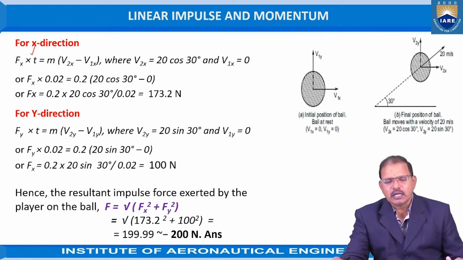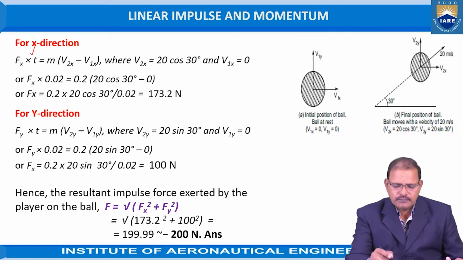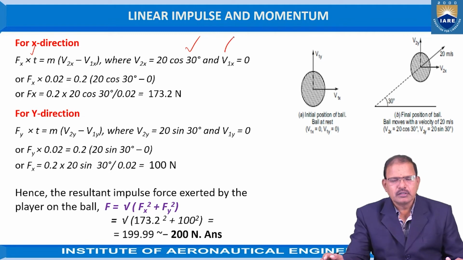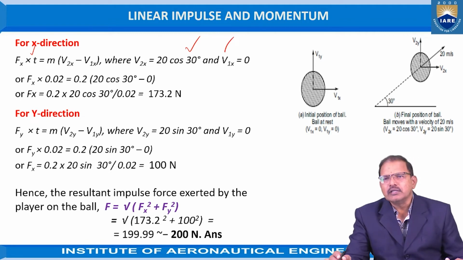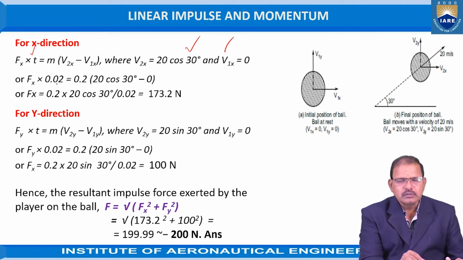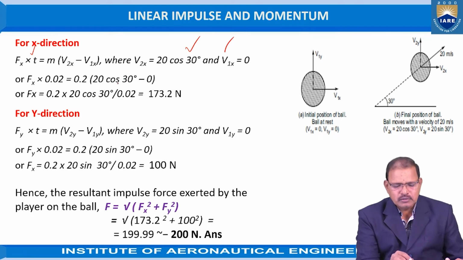Since the body started from rest, v1x is equal to 0 and v2x is equal to 20 into cos 30. On substituting these values in the equation, Fx into time 0.02 is equal to mass 0.2 into final velocity minus initial velocity.